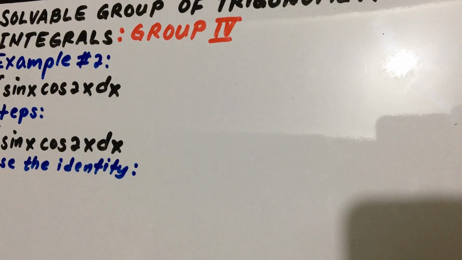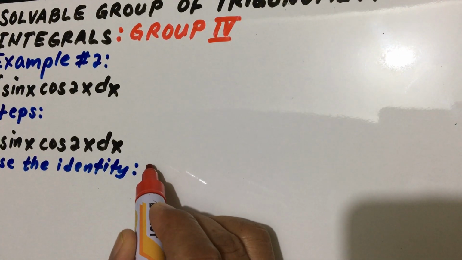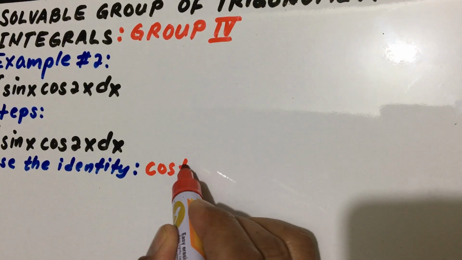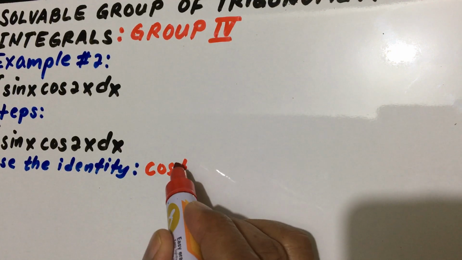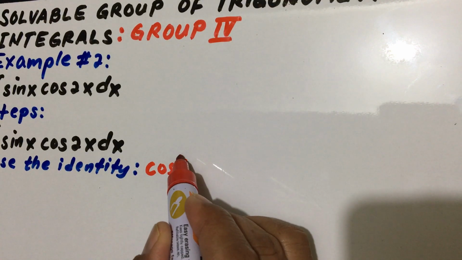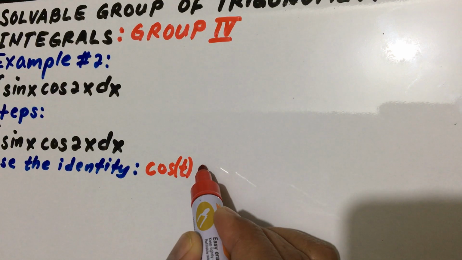Using s and t, we can write our identity. Our identity can be this one: cosine t times sine s. You may put this inside the parentheses or no need to put it inside the parentheses, so it's up to you.